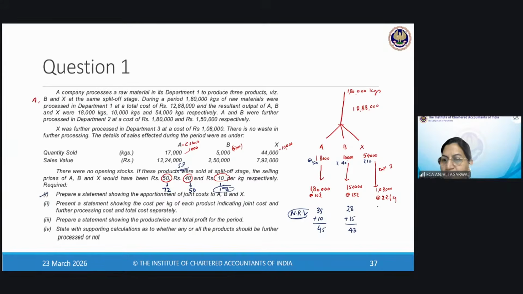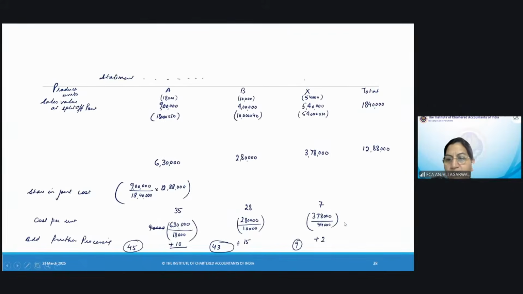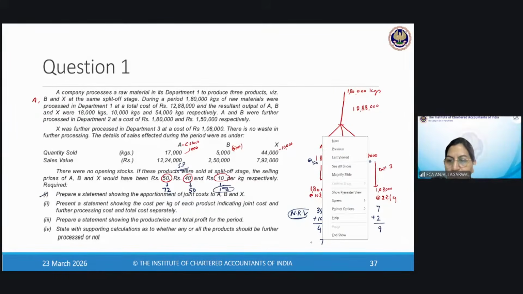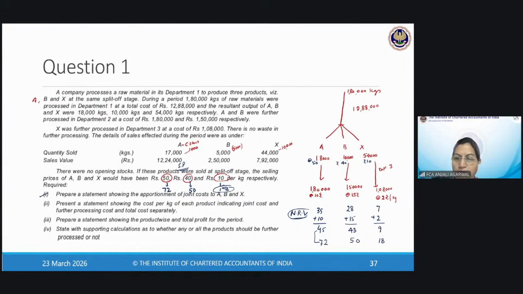And C is costing us 7 rupees per unit, 7 plus 2, 9. Whereas after further processing, they are sold for 72, 50, and 18. So you know what the profit per unit is. To find out the profit, you will apply it to 17,000, 5,000, and 44,000. Then sales unit is important.